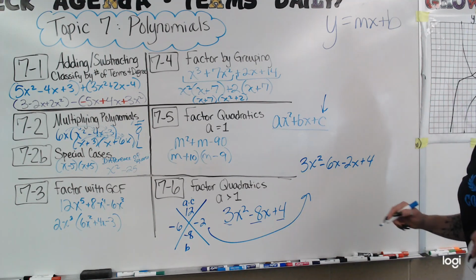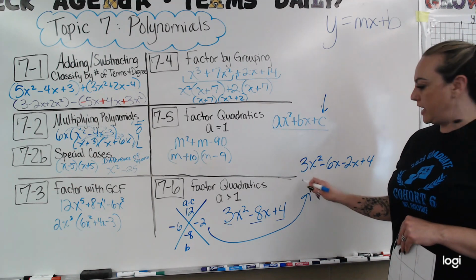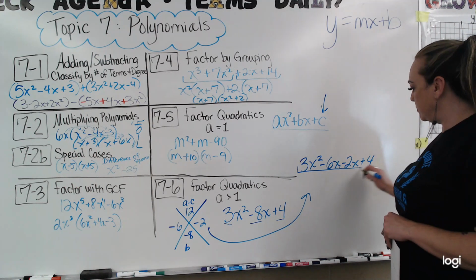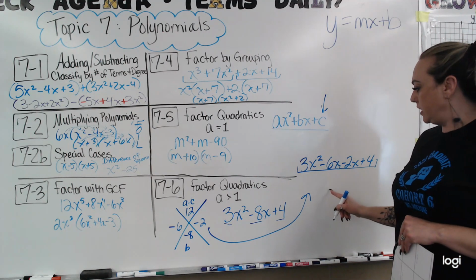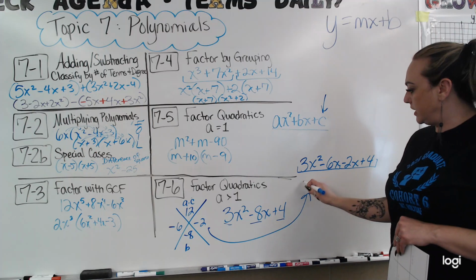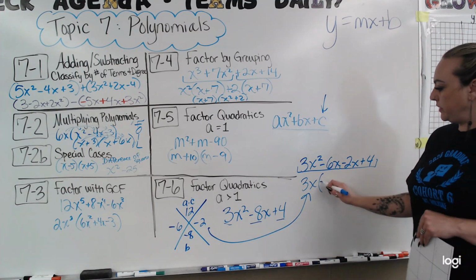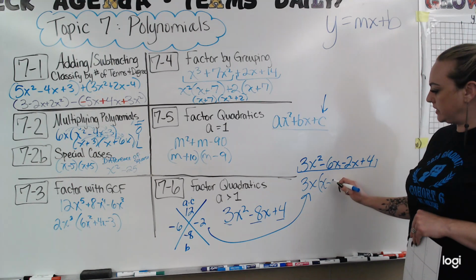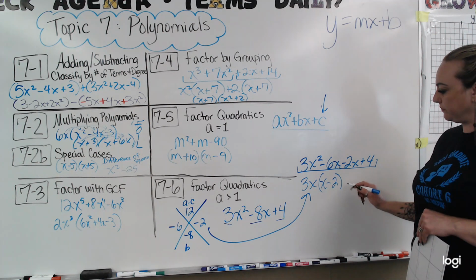Now we can take this, which has 4 terms, and we can use grouping to factor this out. Greatest common factor here is 3x. We would need an x minus 2 to get 3x squared minus 6x.